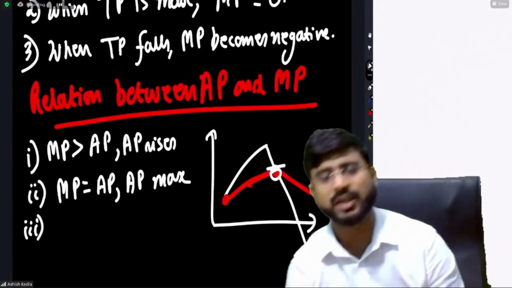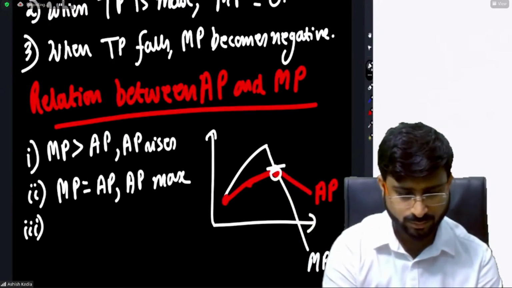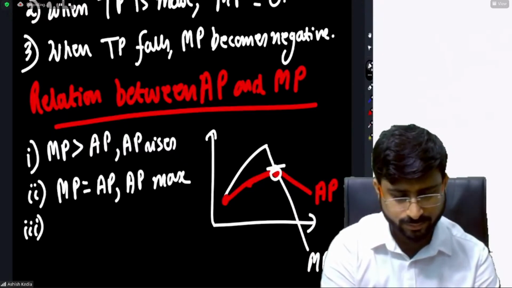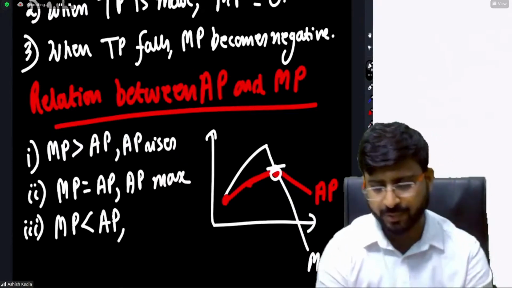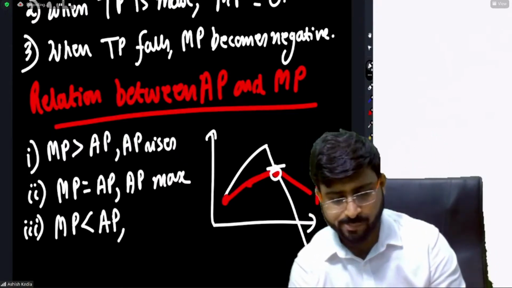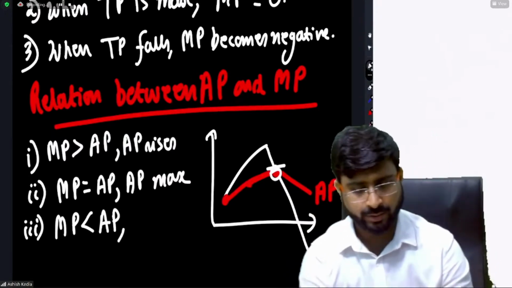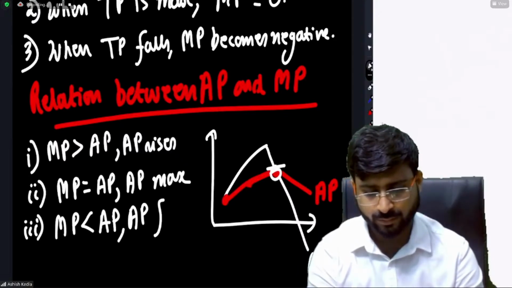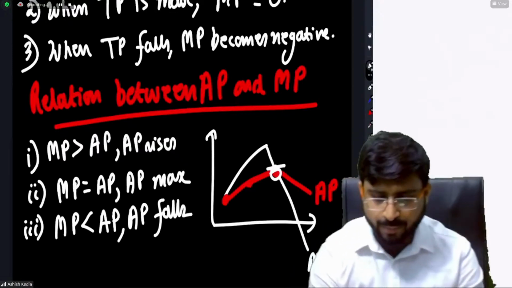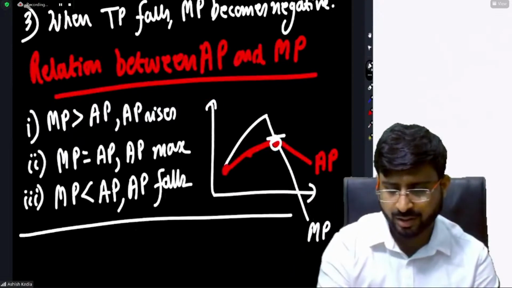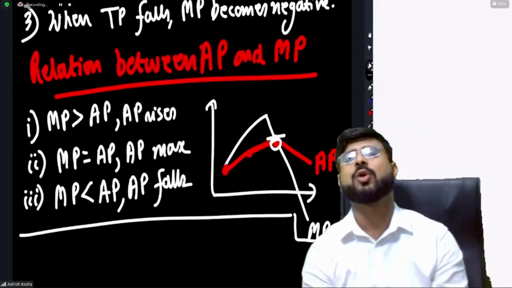We are discussing law of variable proportions relation only because that is what is important. And friends, what is the third thing? Third thing is, when MP is less than AP, AP falls.